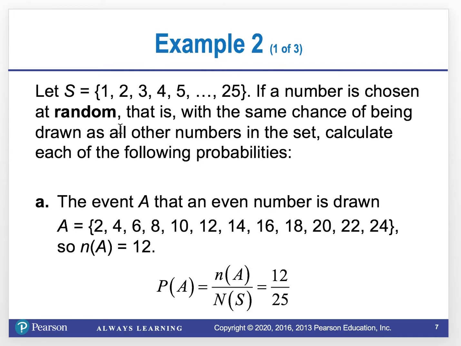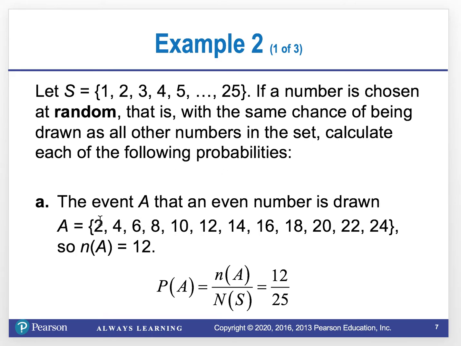So for example, if we let S, our sample space, be the numbers 1 through 25, and a number is chosen at random, that is with the same chance of being drawn as all the other numbers, in other words, they're equally likely, calculate each of the following probabilities.